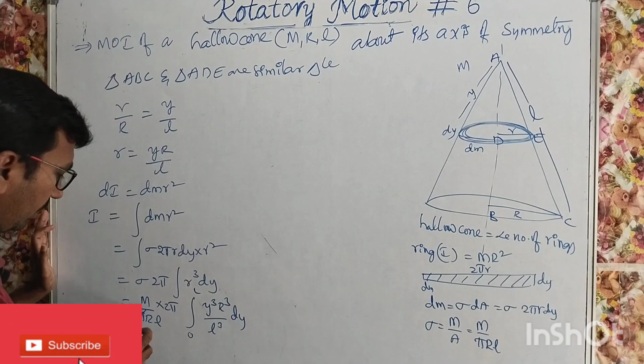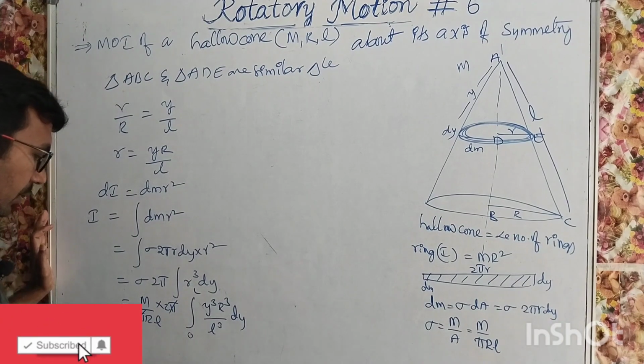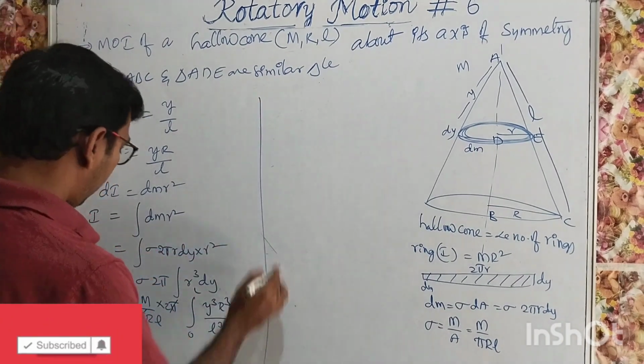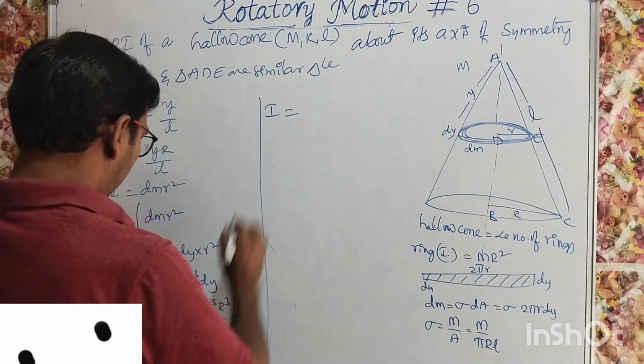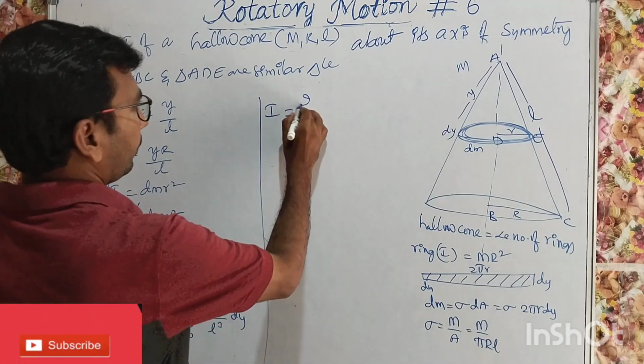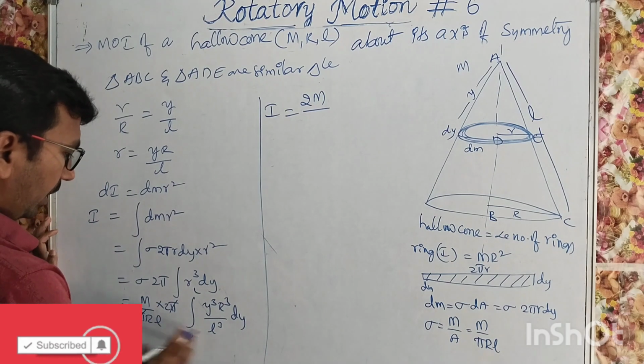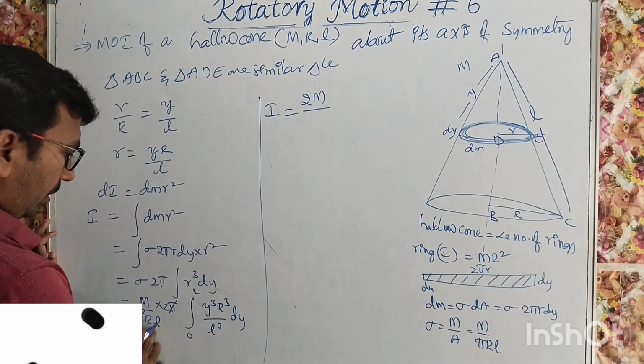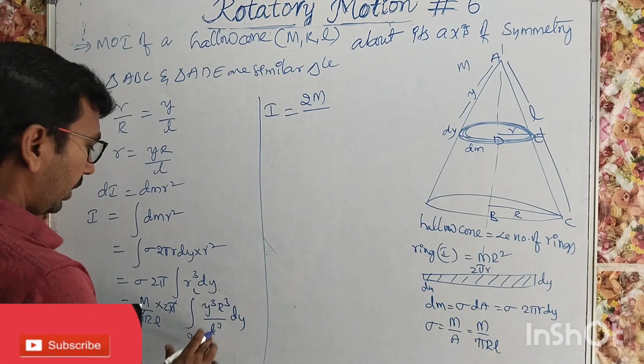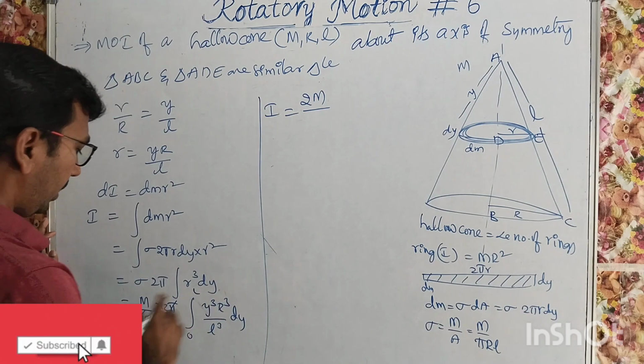So here pi cancels. So I is equal to 2M by R L common, and R cube by L cube is common.